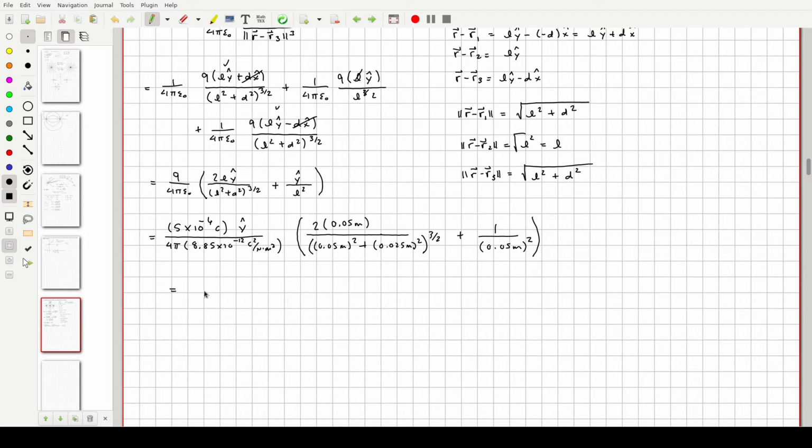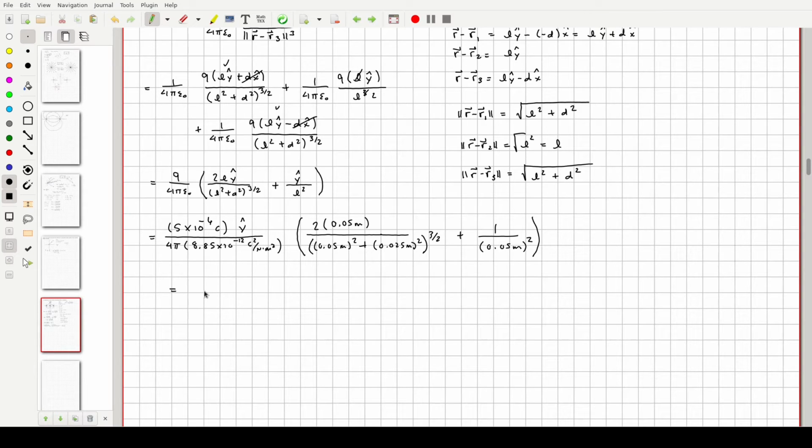There's your term out in the front. And then, in our parenthesis, we have 2 times 0.05 divided by the 3/2 root of 0.05 squared plus 0.025 squared.